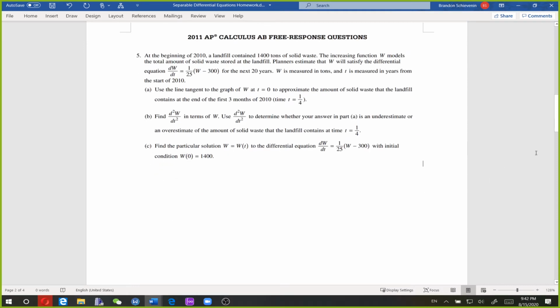Okay, so for part B, the first thing we need to do is find the second derivative of W. What would you do to find the second derivative of W?